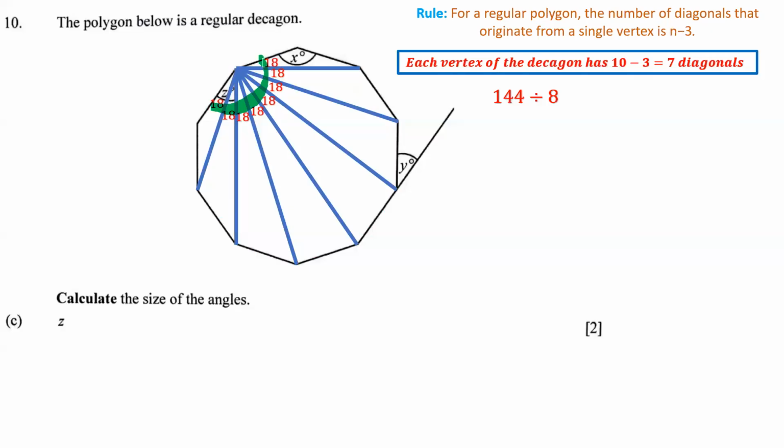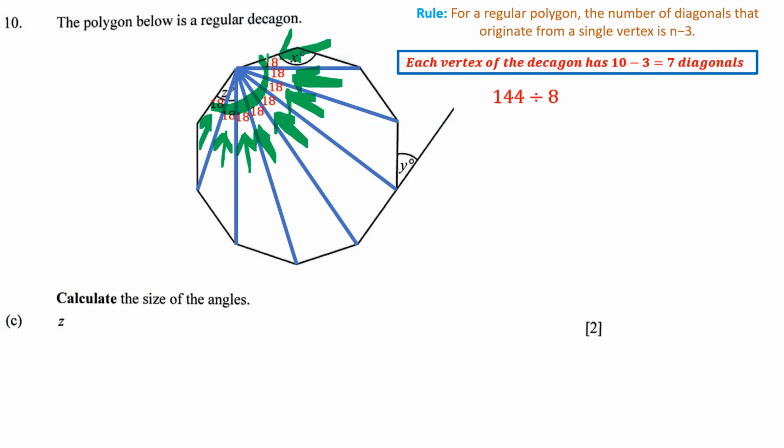But how many spaces do we have? We have 1, 2, 3, 4, 5, 6, 7, and 8. So we have 8 spaces.